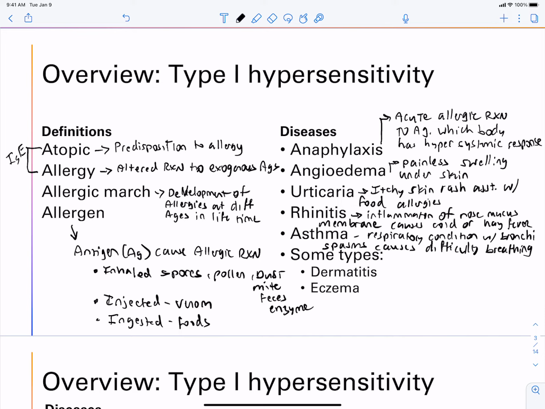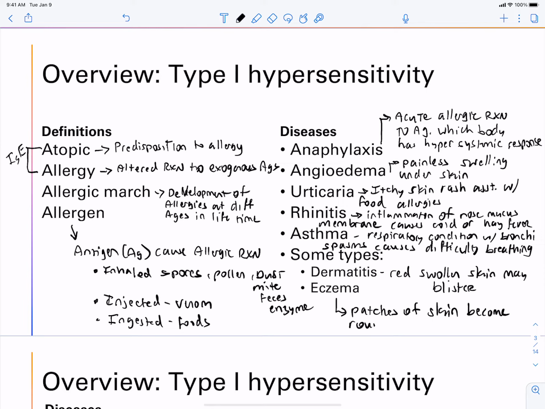And then there's also dermatitis, which we have skin that's red and swollen, and it may blister. And then eczema, which are patches of skin that become rough with blisters. And this can be itchy and bleeding and can become inflamed.